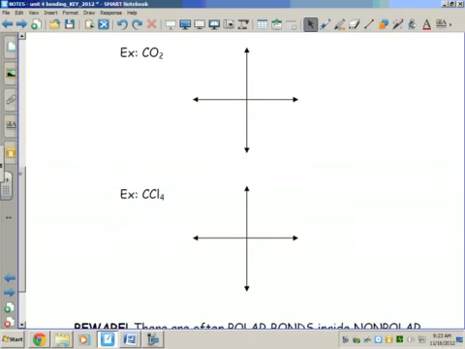Our second example, CO2. First, we have 3 atoms. There's 2 oxygens and a carbon, and it's the carbon that will be the central atom because it has the most unpaired valence electrons. So if we look at carbon, it has 1, 2, 3, 4 valence electrons.